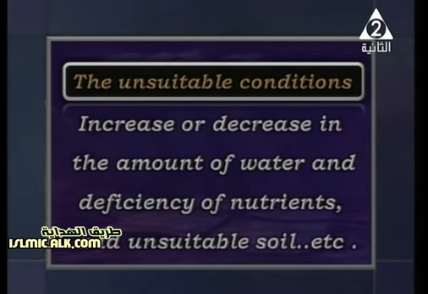And also an increase or decrease in the amount of water or salinity, I mean the amount of salt in the water, and also the deficiency of nutrients. Deficiency means decreasing the amount of food or nutrients found in the soil, or unsuitable soil. Some plants need sandy soil, and some plants need silt or clay soil, and so on.